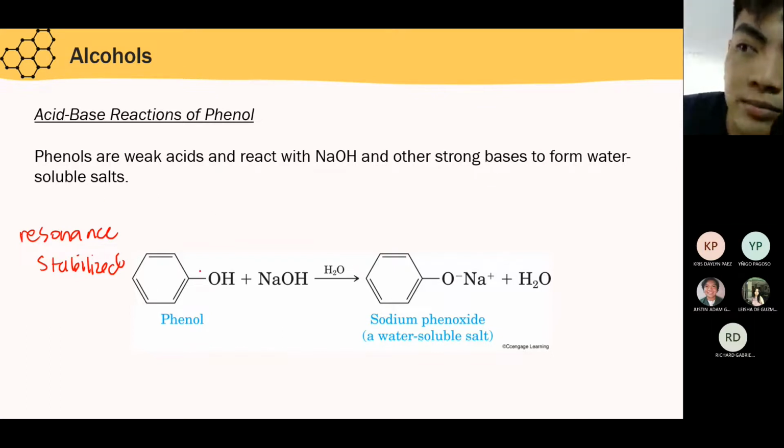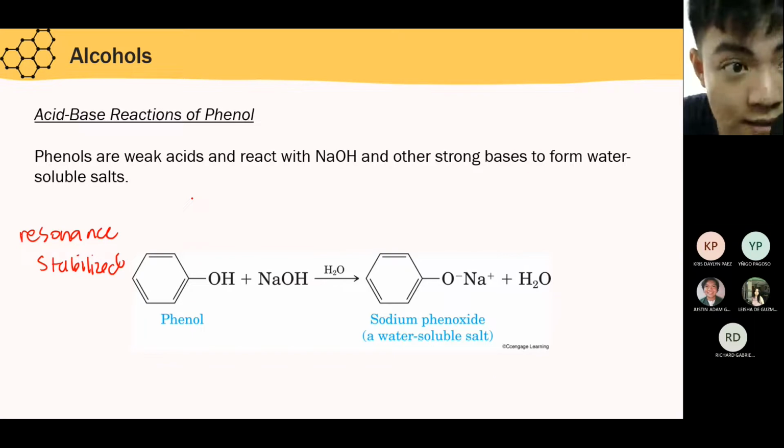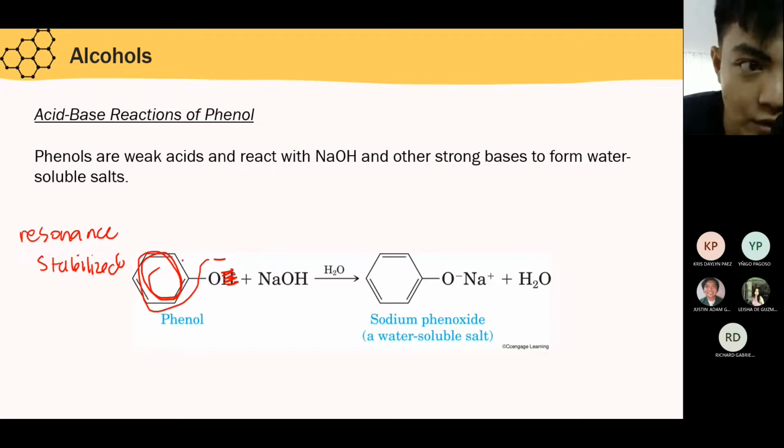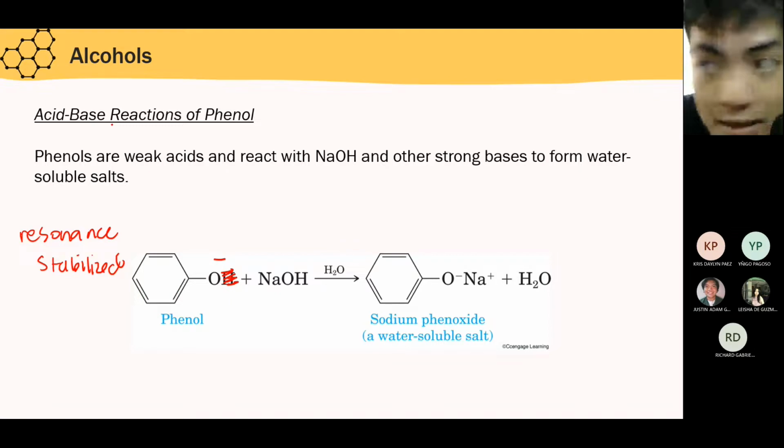Kasi kapag itong ating phenol naging acid, mawawala yung H. Maging negative yan. Okay? So O-. Itong negative na to, since may resonance sa paligid, pwede siya umikot-ikot dyan. Whenever your negative charge gets stabilized by resonance, then pwede siya maging acidic.